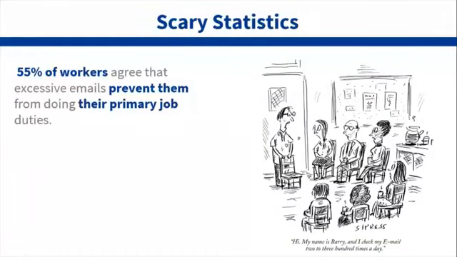On the right-hand side, you can see Barry, and as you can see, he says, "Hi, my name is Barry, and I check my email 200 to 300 times a day." I think this is also another very common issue faced in the corporate world. This is happening mostly due to the infamous CCing, but also using email as an instant messaging tool.